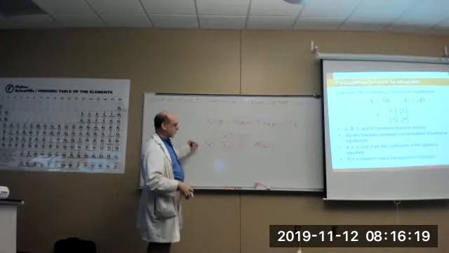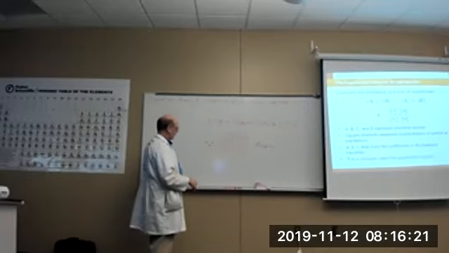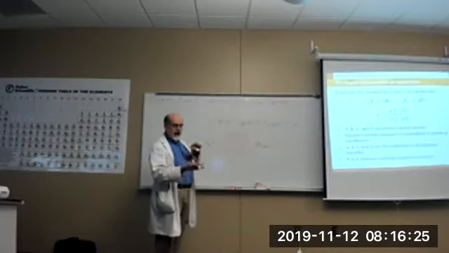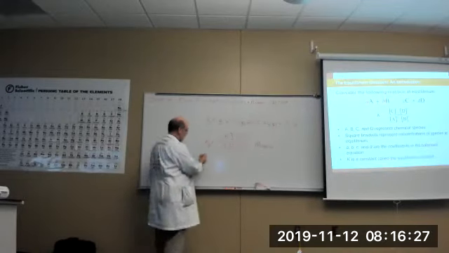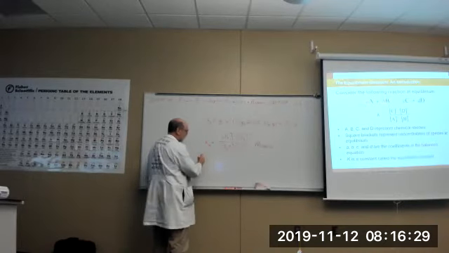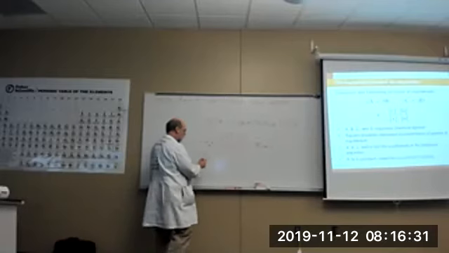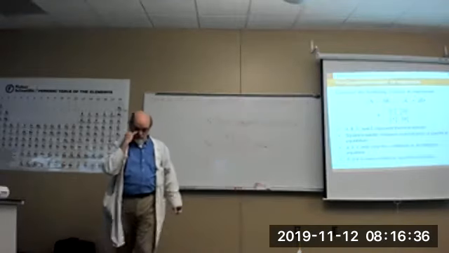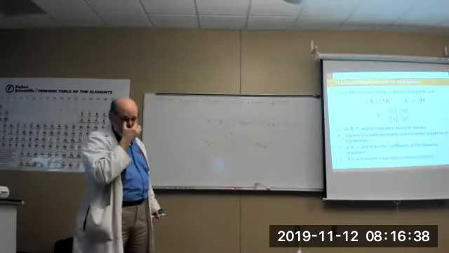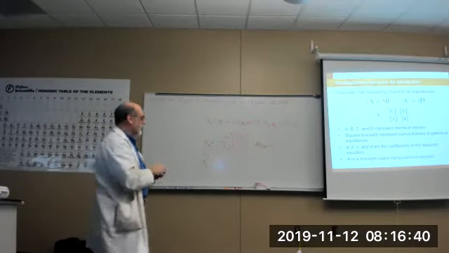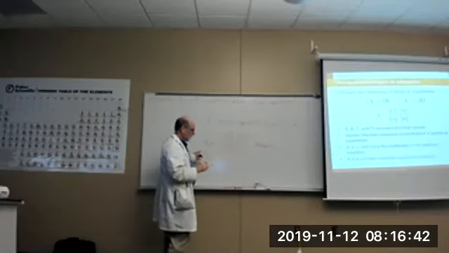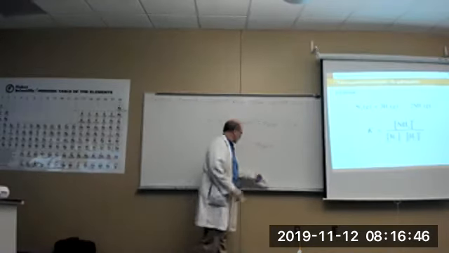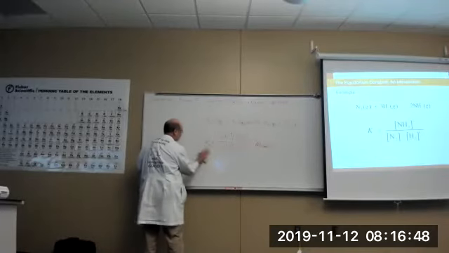Other types of K values can be used. Later, when we talk about an acid equilibrium, we'll put a subscript of A for acid. Or if we're talking about a base, we might put a B for a base. So the subscript can give us some information about what type of constant we are describing. So here's another example.